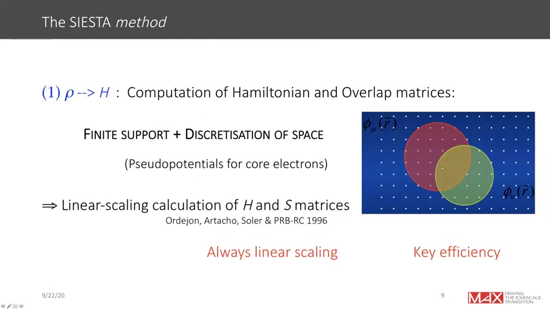Here you have a cartoon, your finite support basis functions in 2D, and discretization of space. Once you convert this into lists and sparse matrices, you can get to algorithms that are always linear scaling in computational effort. So the calculation of the Hamiltonian and overlap matrices is always linear scaling within Siesta. That was there from the very beginning of the Siesta method, and that is key for the efficiency of the Siesta code.